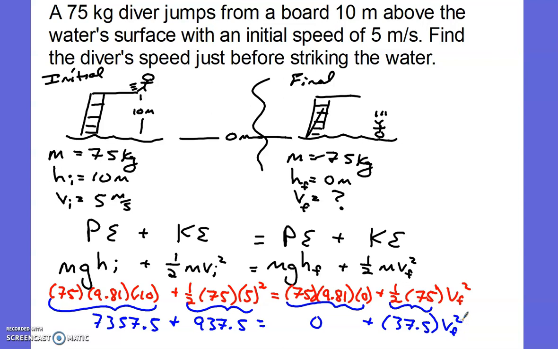It makes the equation a lot easier if we think of it in 4 parts. We have the initial potential, the initial kinetic, and find those numbers. Then we have the final potential, and then we have the 1/2 of the 75. Now I'm going to rewrite this on a separate sheet here just because I'm running out of room.